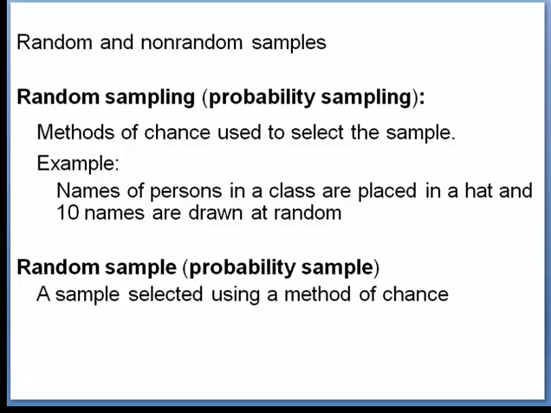As for instance, if the names of 10 people in your class are put in a hat, and the hat is shaken, and then some names are selected from that hat, that's an example of random sampling. And I guess I mean to say all of the names would go into the hat, the full population, and then if 10 are selected at random, that sample is an example of a random sample.